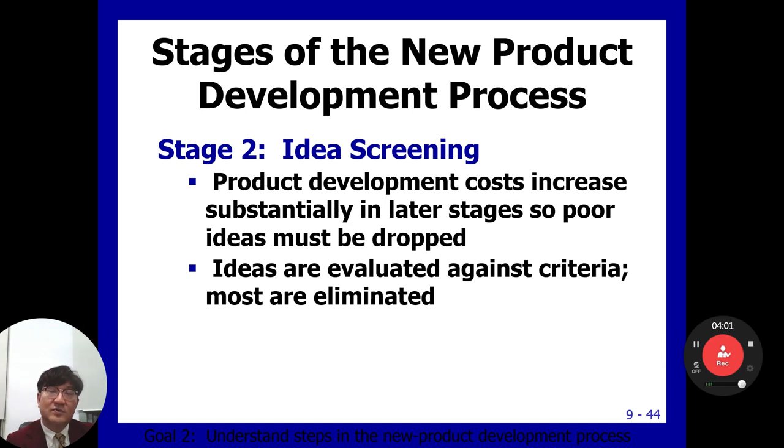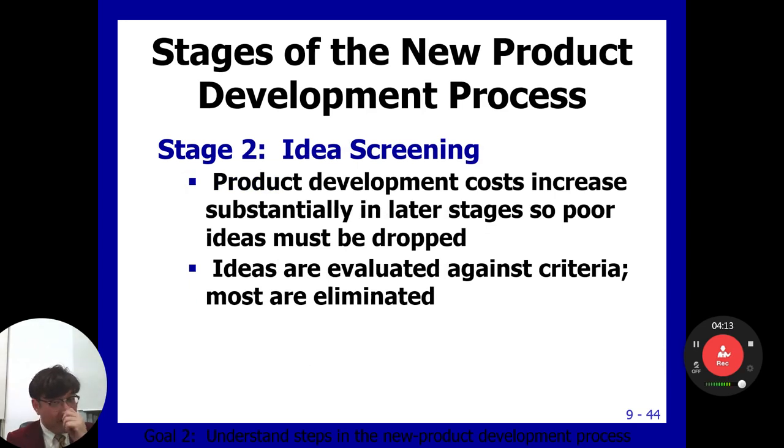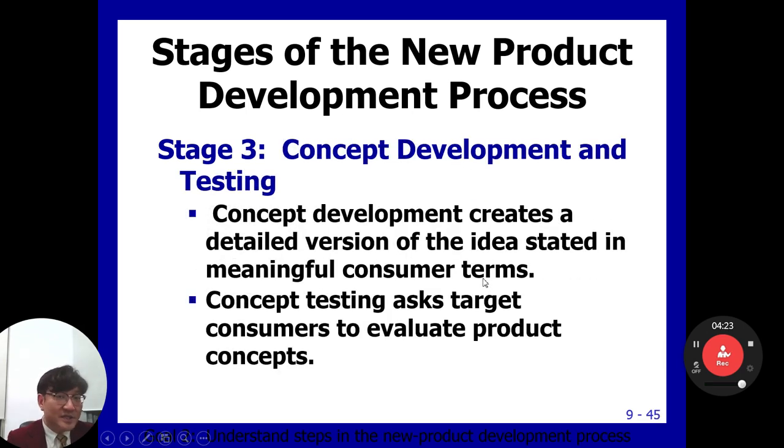Does it deserve to be pursued to the next stage? You need to decide that. Mostly, over 90% of new product ideas are going to be screened out in this stage.